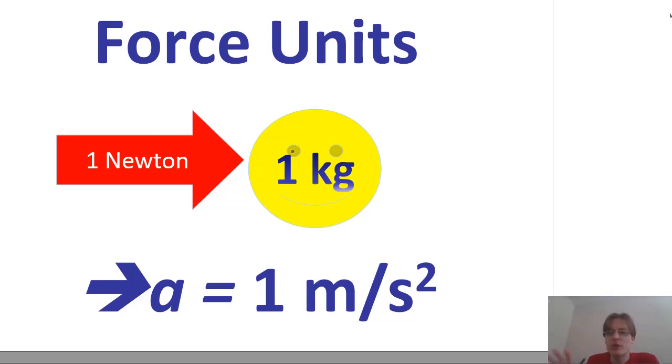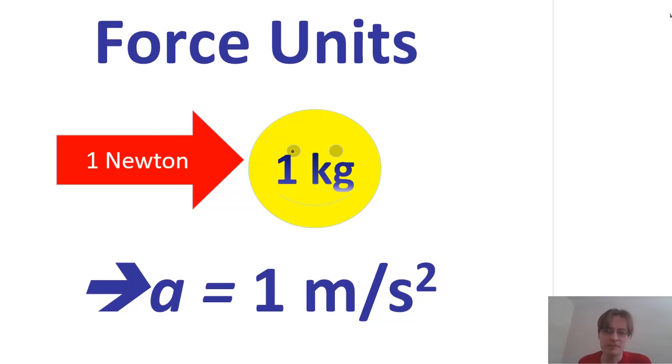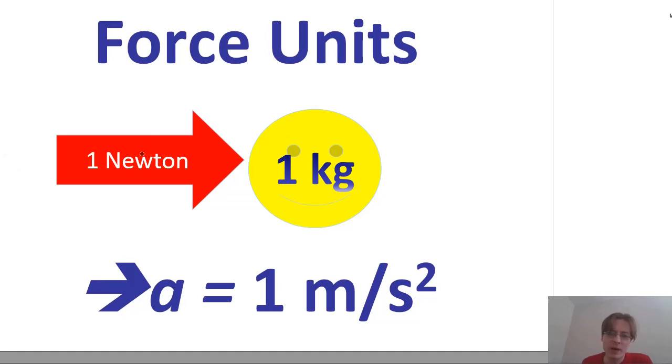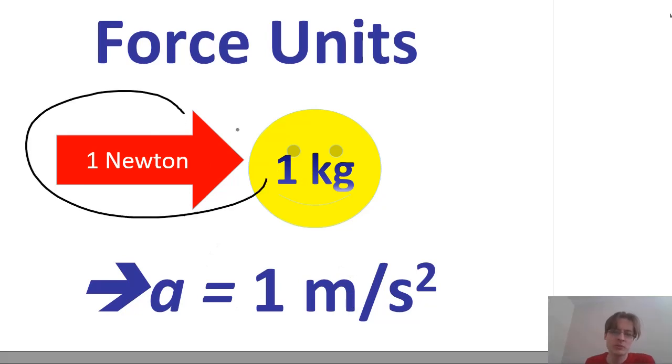And you use a force measuring device to measure how hard you're pushing it. The force required to accelerate 1 kilo at the rate of 1 meter per second squared is 1 Newton. So that's how it's defined.